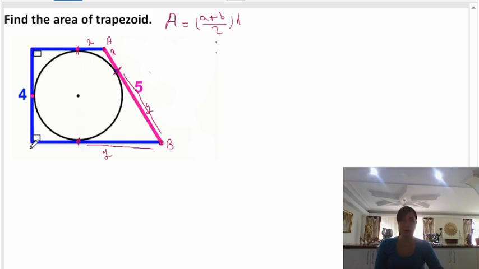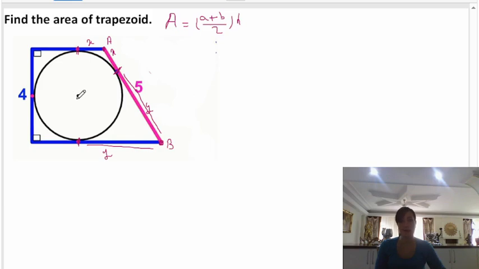We see the height of this trapezoid is 4, and the height is the diameter of the circle. And we know the diameter of the circle is twice the radius.